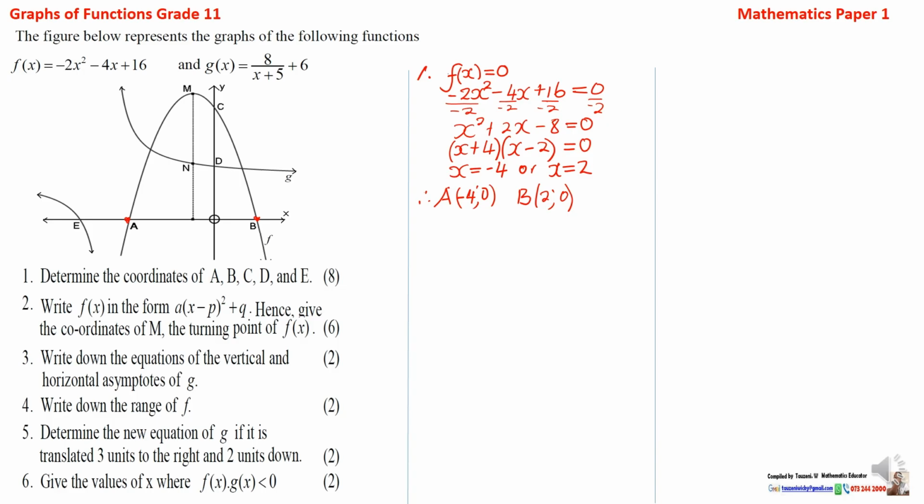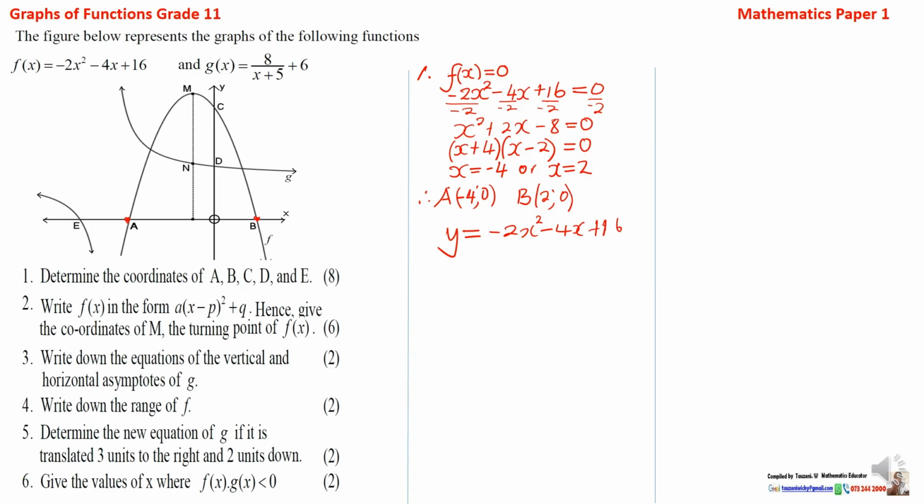Then I have point C. C is the y-intercept of the graph of f. To determine the y-intercept, we substitute x with 0 and solve the resulting equation.